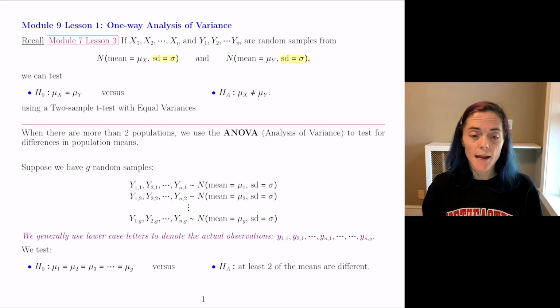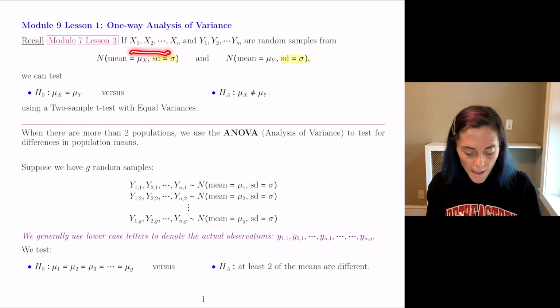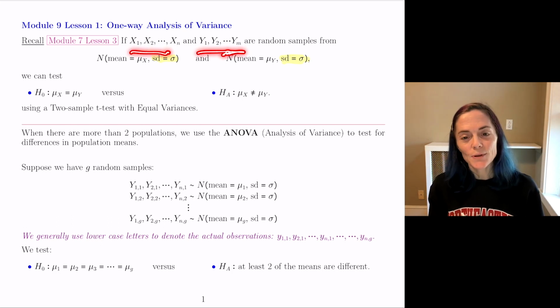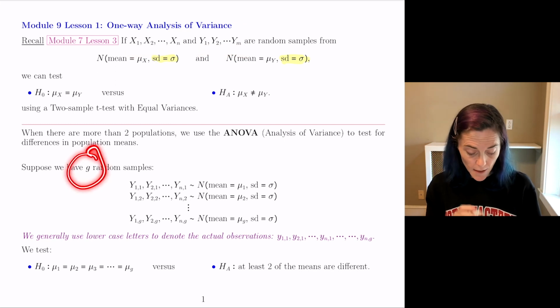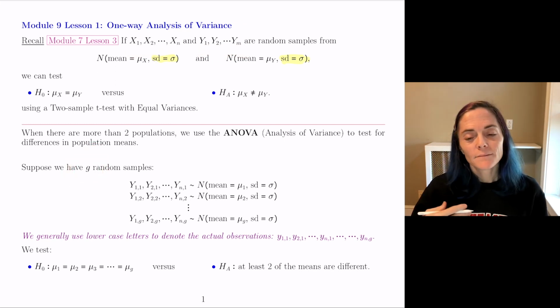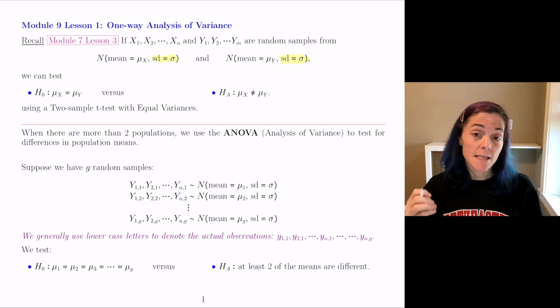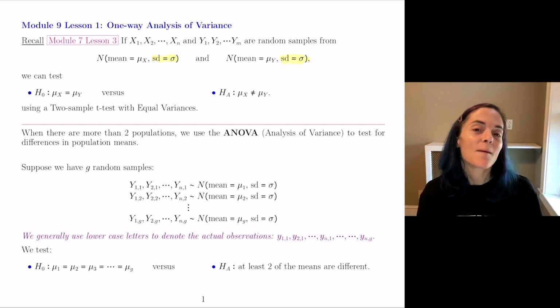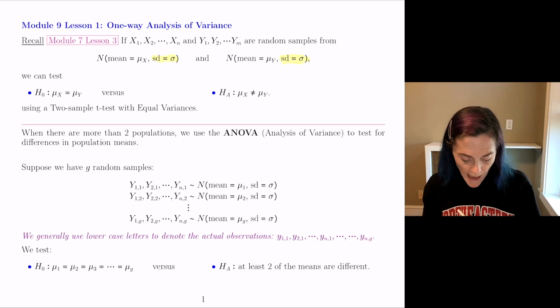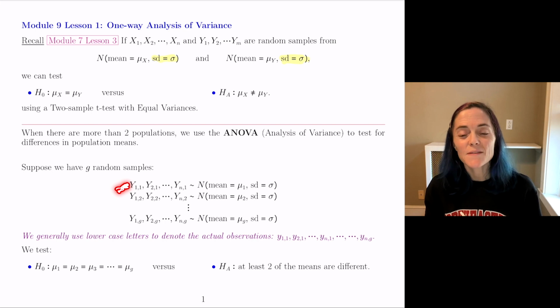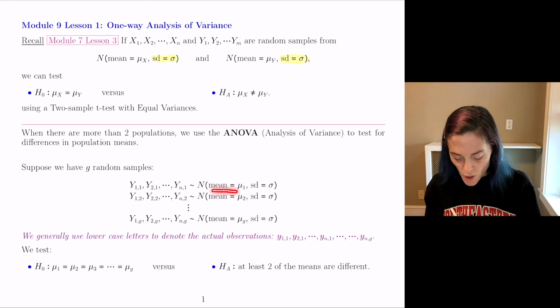Here's the setup. Instead of having two random samples, we have G random samples. For this beginning discussion, I'm just going to assume that all my random samples have the same size, although I'll make a comment later that we don't need that assumption. Random sample 1 is of size n, normal distribution, mean mu1, standard deviation sigma.